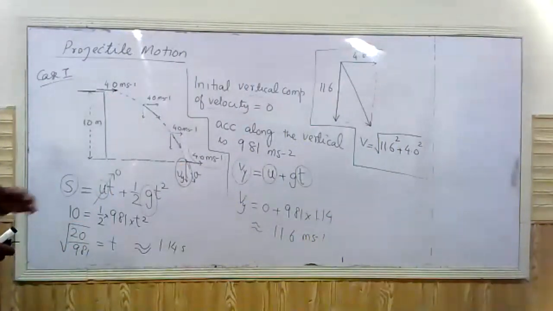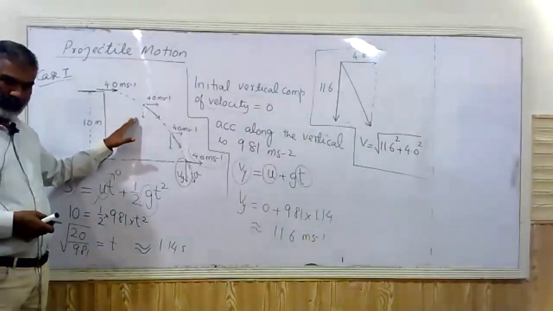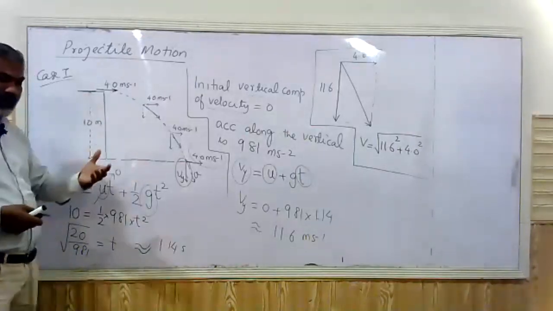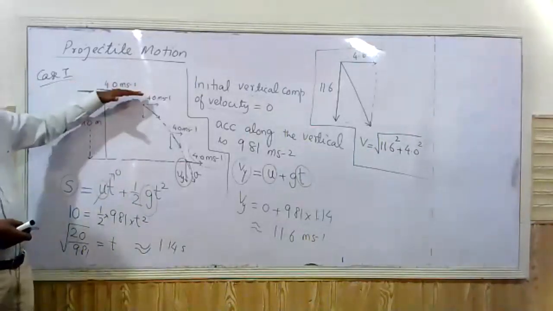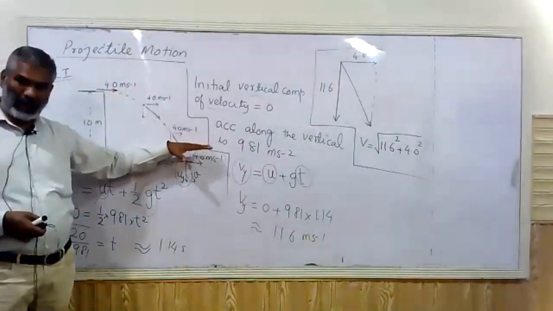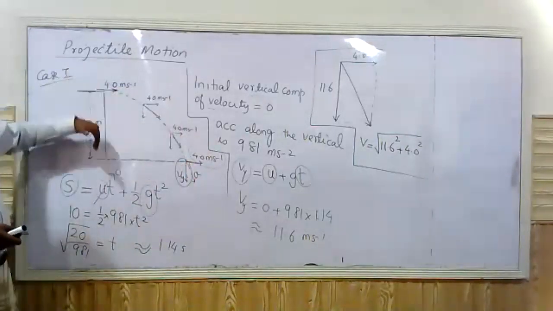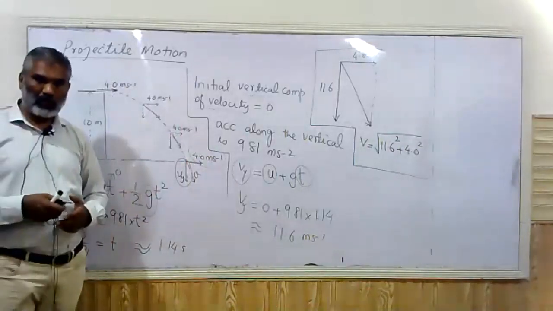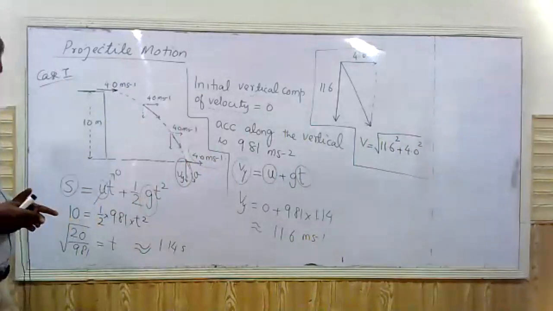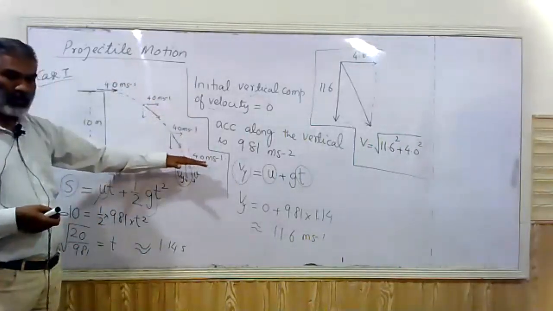I repeat, projectile is that type of motion, a curved motion or a two-dimensional motion in which velocity remains constant in one direction, which is horizontal, and acceleration is constant along the other, which is vertical. So you have two components always, and one component is always considered constant.